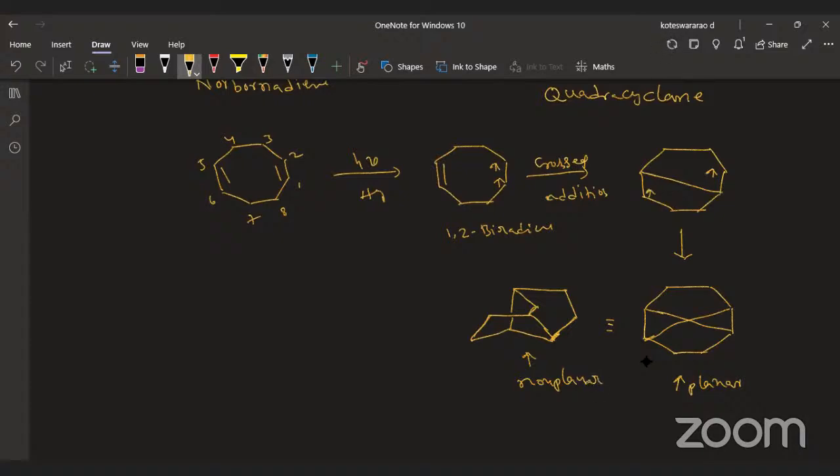And if it undergoes a 1,2 hydrogen shift reaction, that is a sigmatropic rearrangement reaction, that leads to the formation of a 1,3-biradical intermediate, where the hydrogen is shifted from here to here.